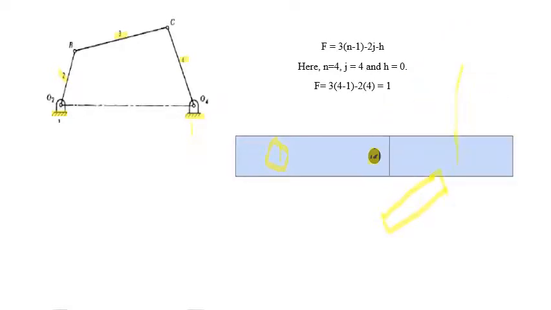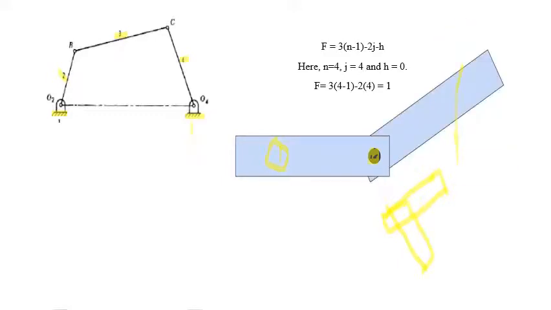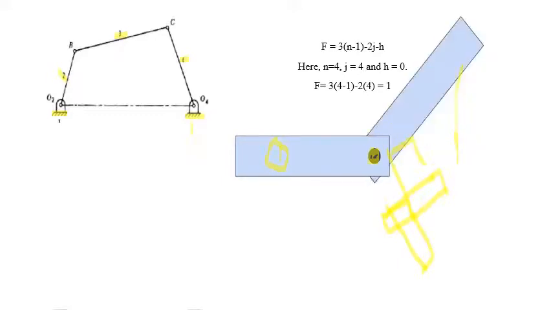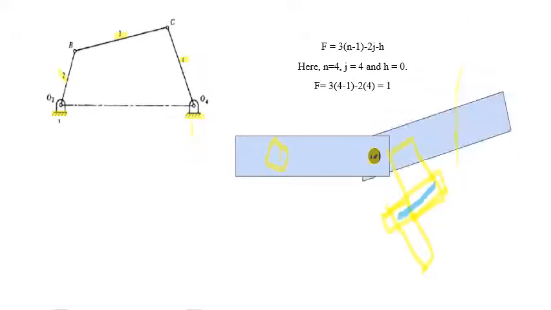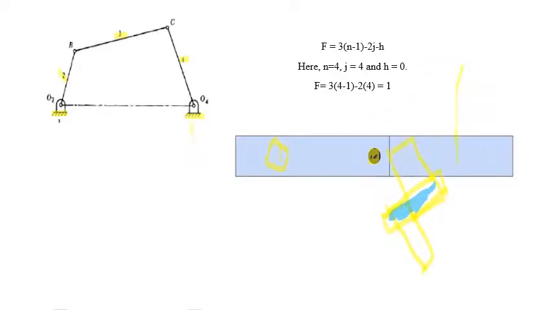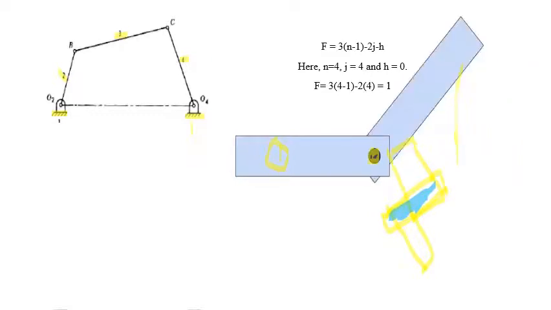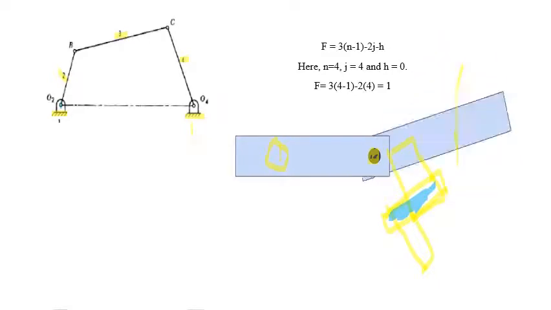Link 1 is connected like this and another link is connected like this. They have surface contact here, therefore we call this a lower pair. Don't get confused between the lower pair and higher pair. Here 1 and 2 have a pin joint, therefore they are a lower pair.